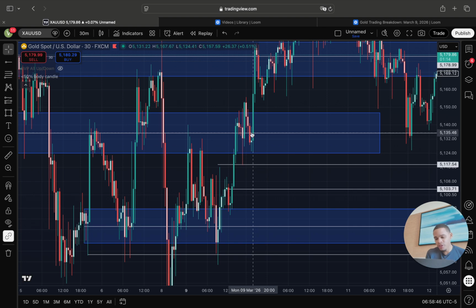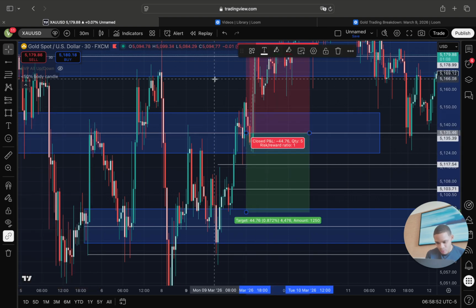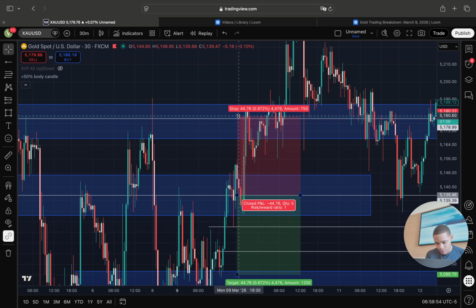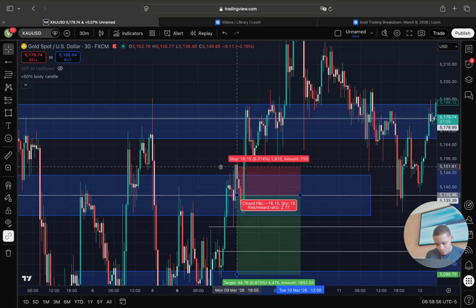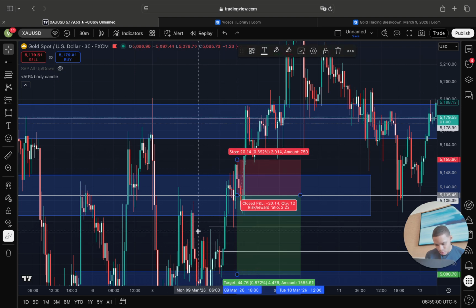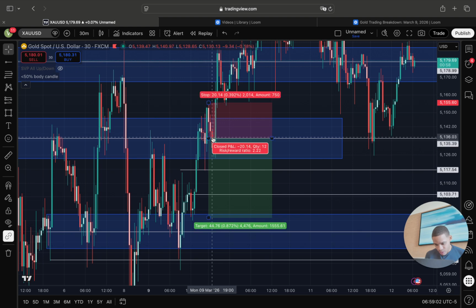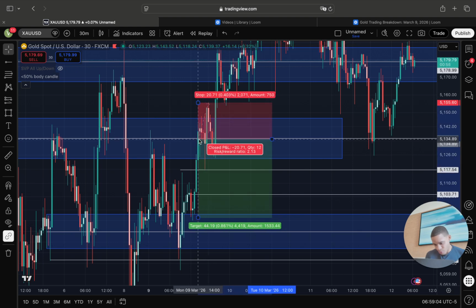So that's unfortunate, but we entered off of this baseline with a 200 pip stop loss, and this is how our trade looked. 1.2 risk to reward approximately.